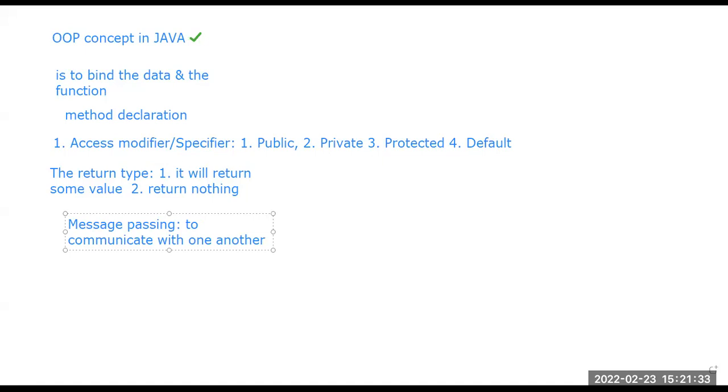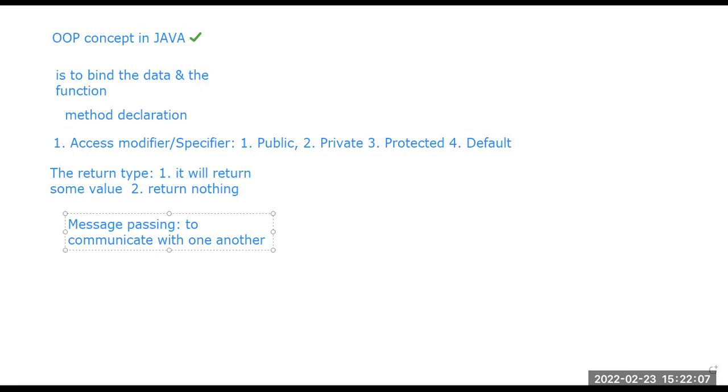So the message here works with an object. The message for an object is a request for execution of the program or execution of the procedure. In the concept of object-oriented programming or Java, the message for an object is a request for execution of that particular program or procedure.